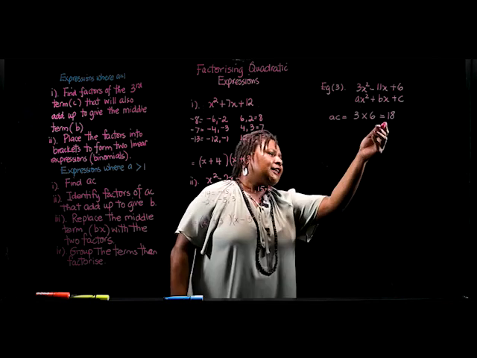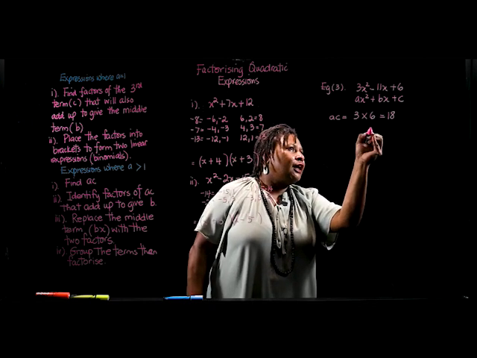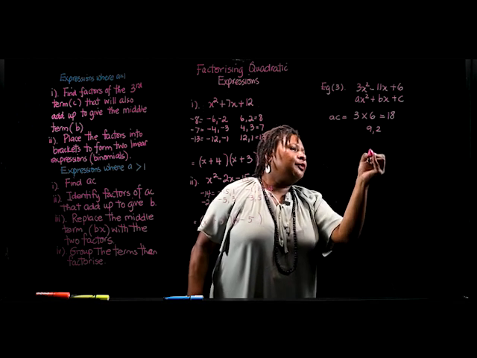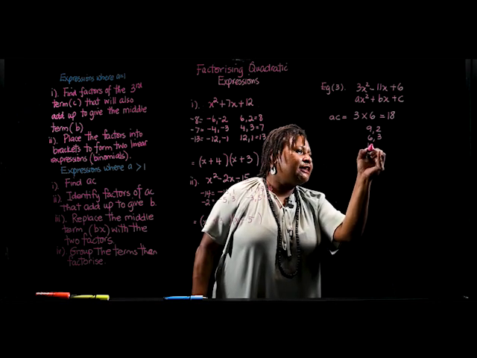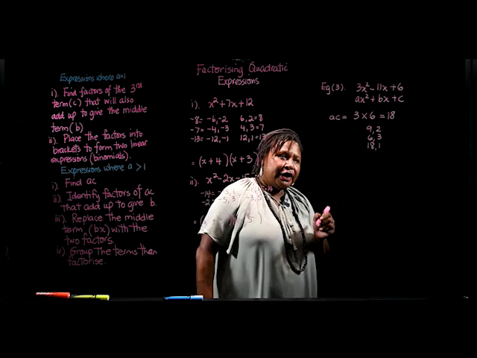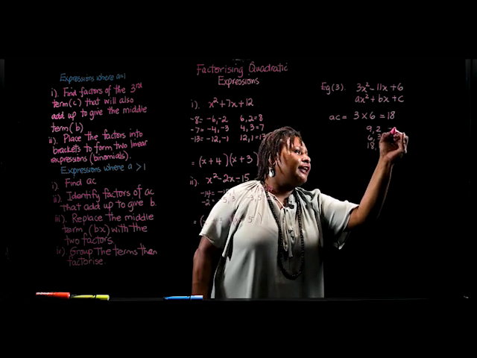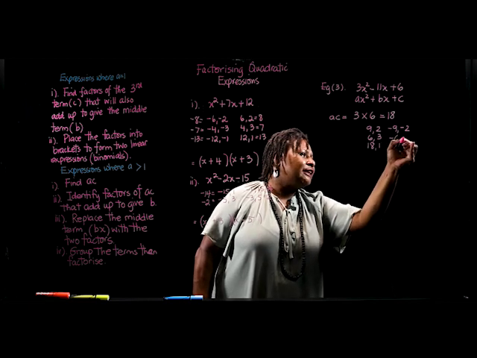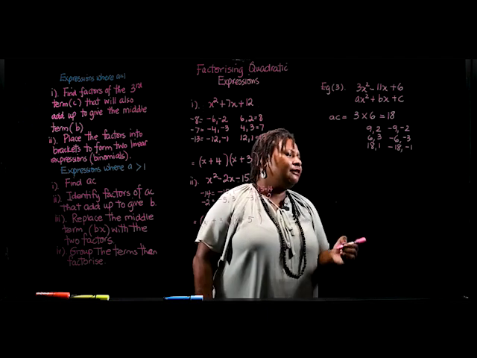So, factors of 18, let's see, we have 9 and 2. We have 6 and 3, and we have 18 and 1, okay? We also have the negative factors, which are negative 9, negative 2, negative 6 and negative 3, and negative 18 and negative 1, okay?